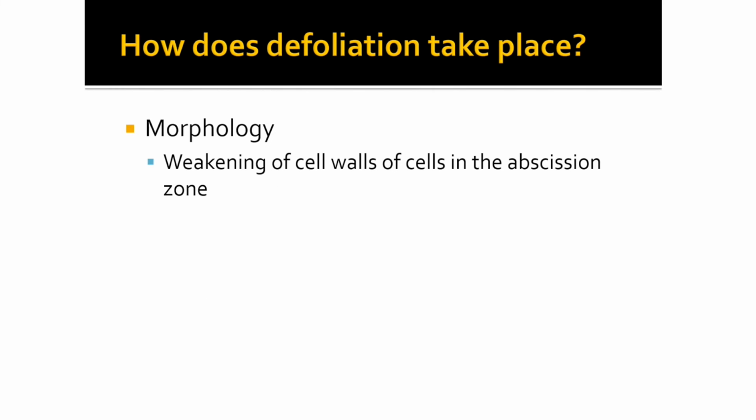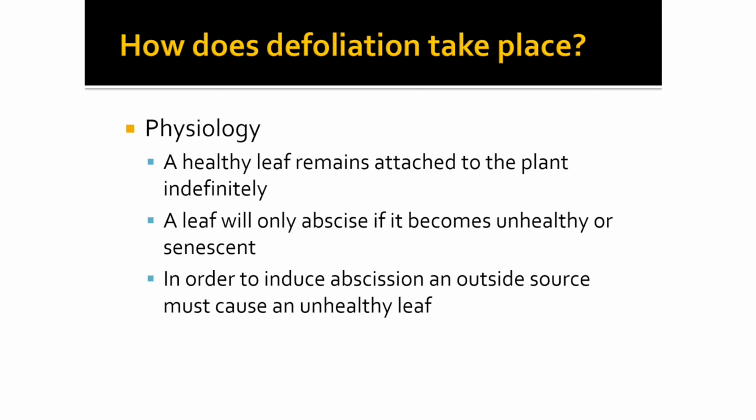So how does defoliation take place? The cell walls are weakened in the abscission zone. And basically, a healthy leaf would remain attached to the plant indefinitely, and it'll only abscise if it becomes unhealthy or senescent. So unhealthy leaves drop and old leaves drop when the plant tells it to.